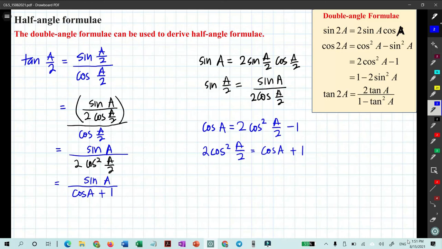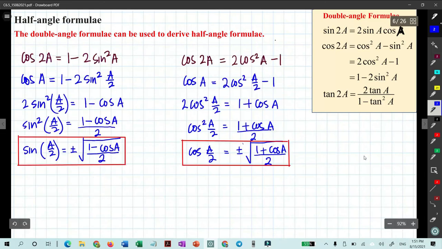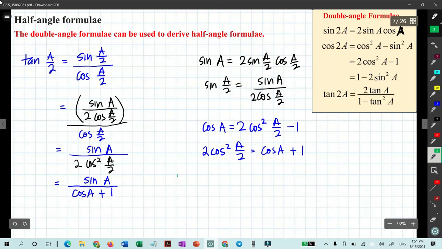And now let's recall all the three half angle formulas. Okay, the first formula is sine a over 2 equals plus minus square root of 1 minus cos a over 2.